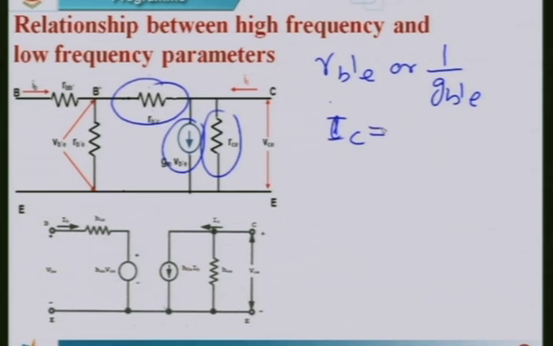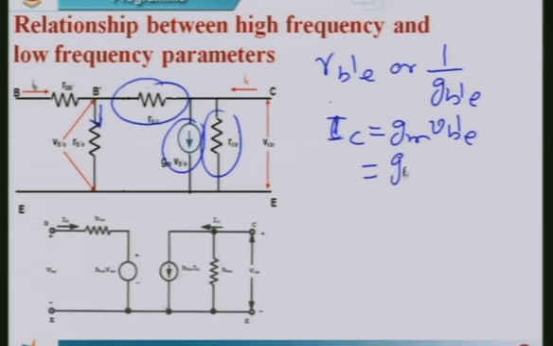Then we can say that IC is equal to gm into vb'e, where vb'e is the voltage drop across rb'e.